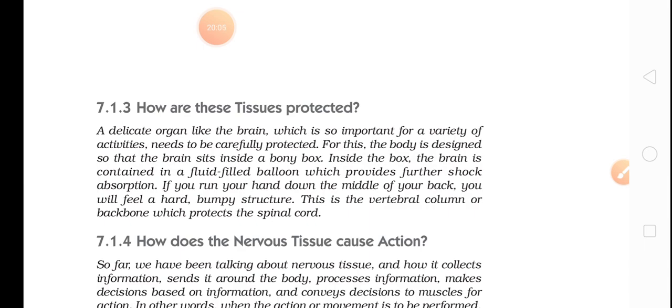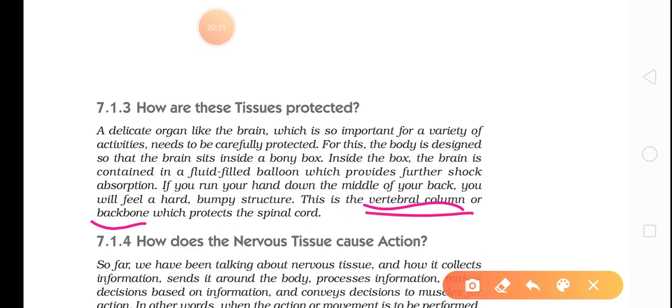The brain is protected by the cranium and the spinal cord is protected by the vertebral column. Backbone is the common term which we use, and vertebral column is its scientific name. Bony box is the general term which we use, and cranium is the scientific term. So the vertebral column protects the spinal cord and your cranium protects your brain.